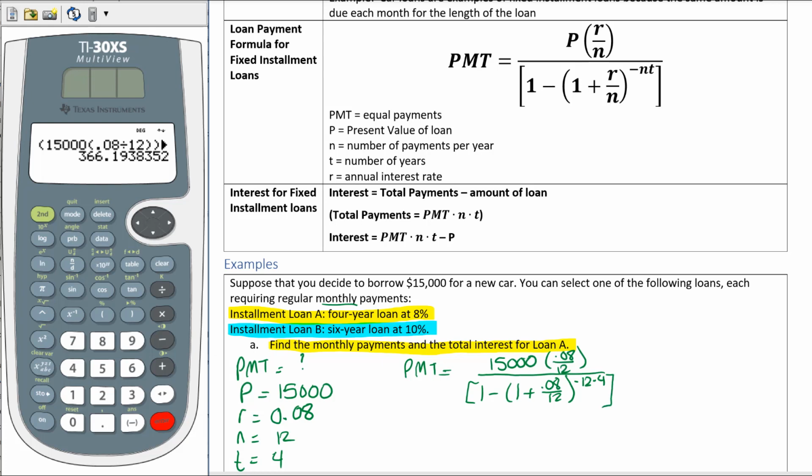As in all of our other examples, we have to have an extra set of parentheses around the numerator and denominator if there isn't already one there. There isn't an extra parentheses around the entire numerator, so I'm going to put one there.